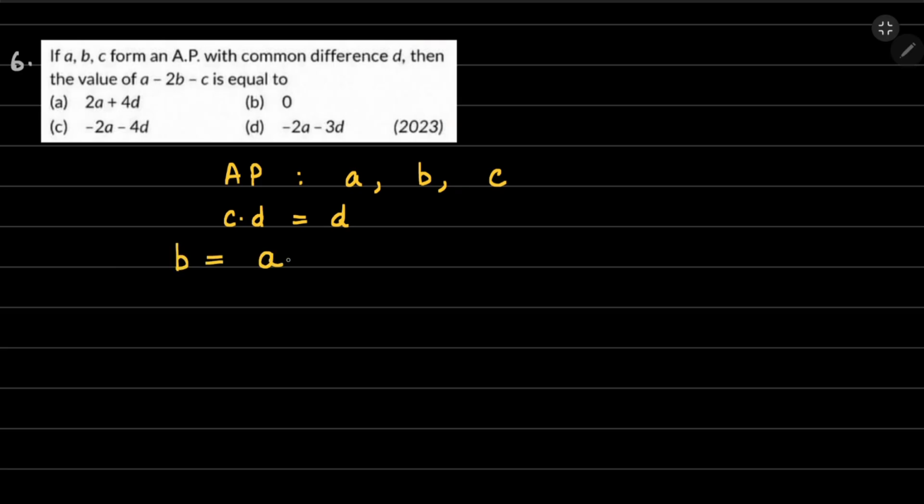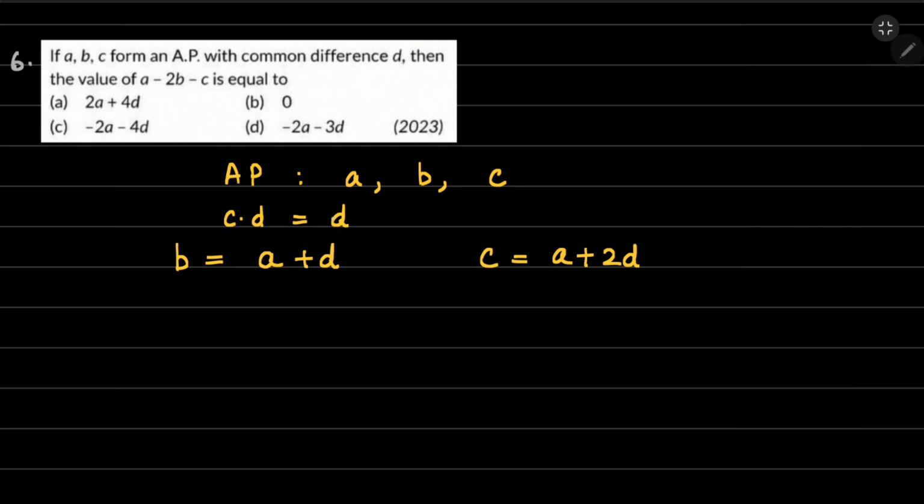B is equal to A plus D, and C is equal to A plus 2D. So normally this is how an arithmetic progression works, the next consecutive term is always obtained by adding a fixed number to the previous term.